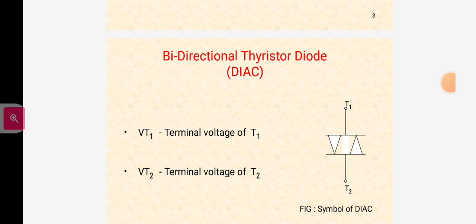It is gateless, it has no gate. In triac, it has T1, T2, and a gate terminal. But in diac, it has no gate terminal, only two terminals, T1 and T2. So here VT1 is the terminal voltage of T1, and VT2 is the terminal voltage of T2.